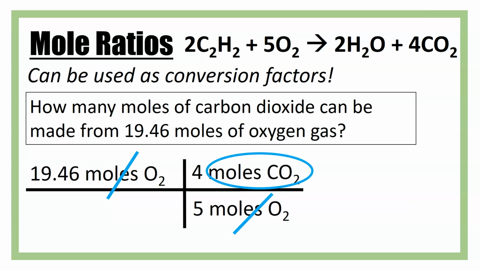I'm left with moles of carbon dioxide as my answer. You're going to notice we can no longer just say 19.46 moles, because now we have to know moles of what? Moles of oxygen or moles of carbon dioxide. So your unit needs to include the formula from now on. That's very important.